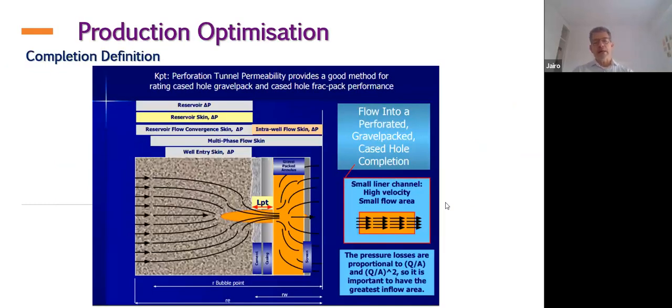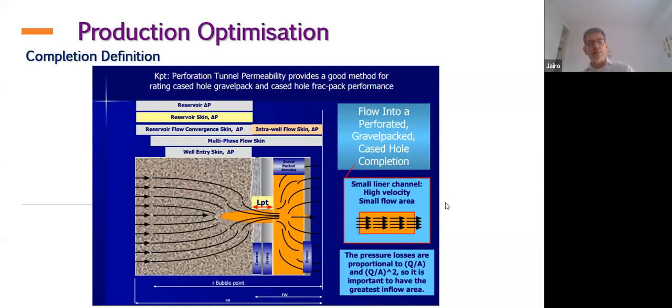So the completion, for instance in this case, is a representation of the perforation. Perforation length and permeability provide a good measure for rating cased hole gravel packing and cased hole frac pack. Those black lines right here are lines converging into the perforation. That's why another skin in this case is the converging effect.